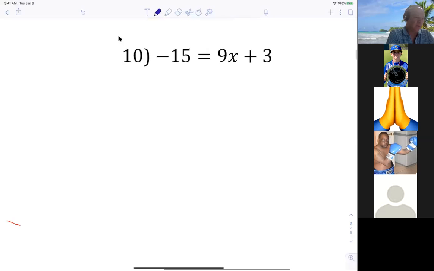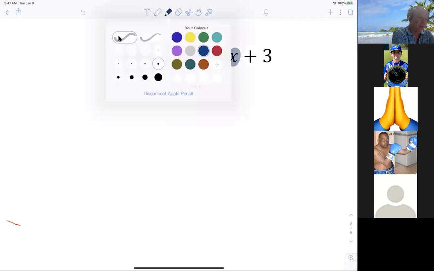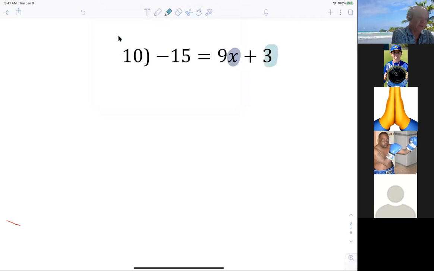Now number 10. Guys, you're still trying to isolate the variable. Now it's a 2-step equation. So that means you have to get rid of the +3 and you have to get rid of the times 9, because again you're trying to get at the x. Working backwards, PEMDAS backwards, you have to get rid of the addition and subtraction first. So we're going to subtract 3 from both sides.